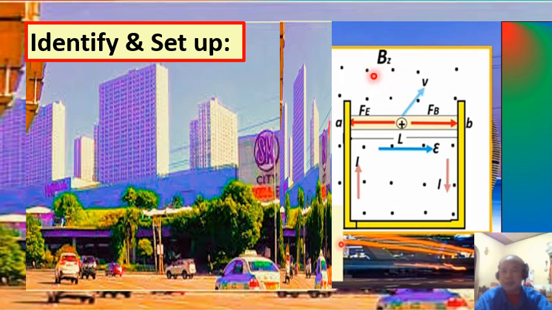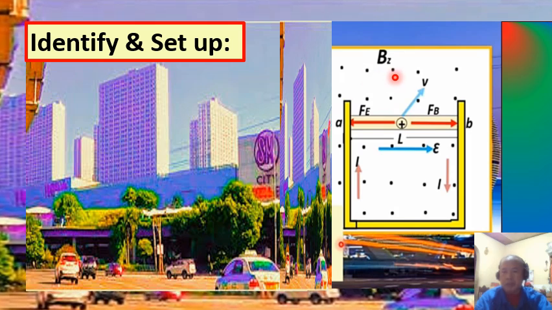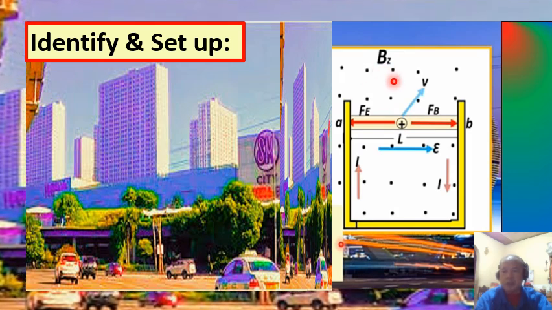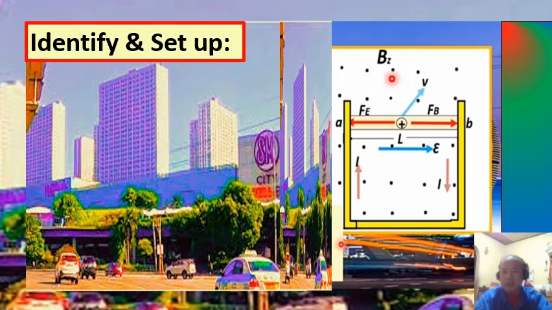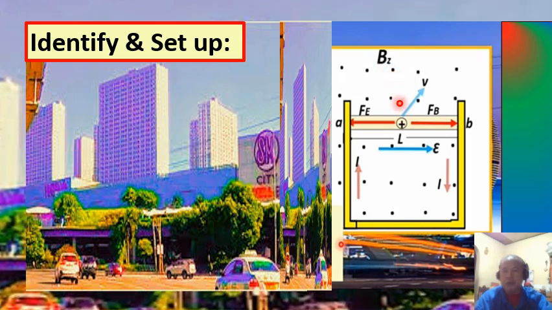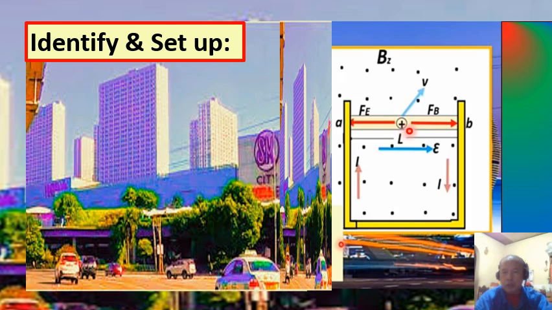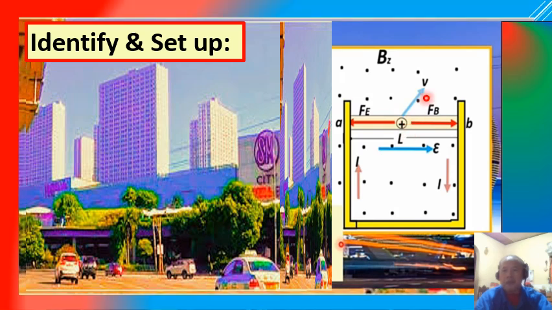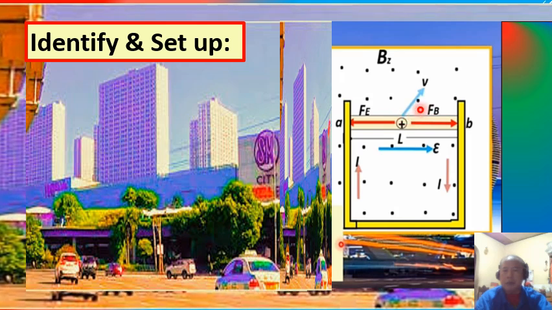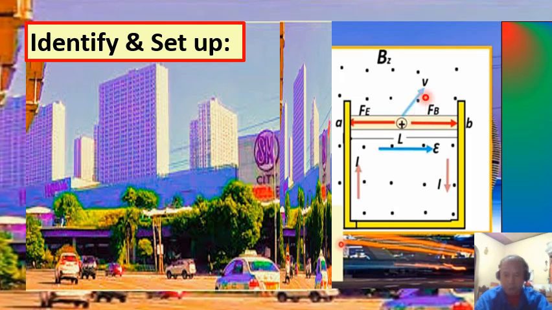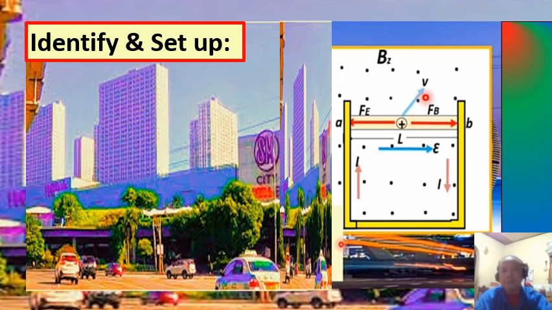Notice the dot symbol, which represents the direction of the external magnetic field. The dot symbol suggests that the magnetic field is directed towards the reader. So the velocity of the rod and the external magnetic field are perfectly perpendicular, right?